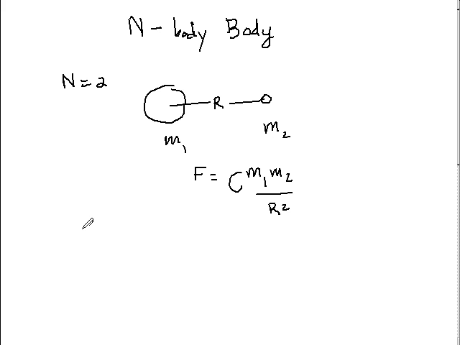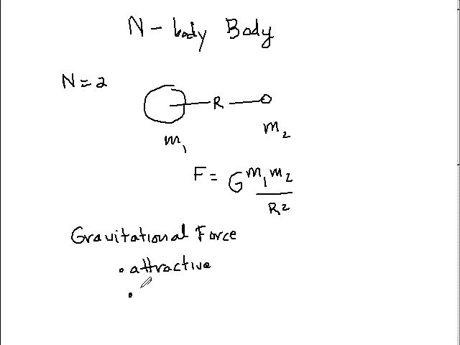Now, this could be small, but it is long range. The gravitational force is long range and always, as far as we know, positive. So it's attractive, and we haven't found an anti-gravity yet.